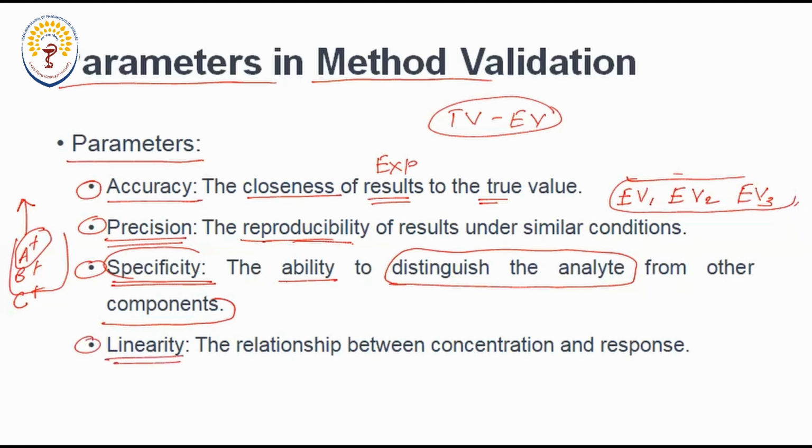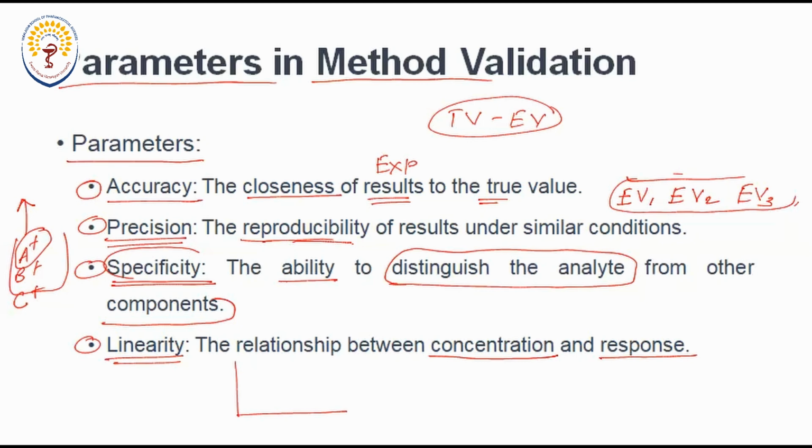Now linearity. In the previous chapters, in the previous videos, we have already discussed standard curves, calibration curves. Linearity is related to this. See, there is a concentration of the pharmaceutical substance in the sample, and there is a response given by the instrument.